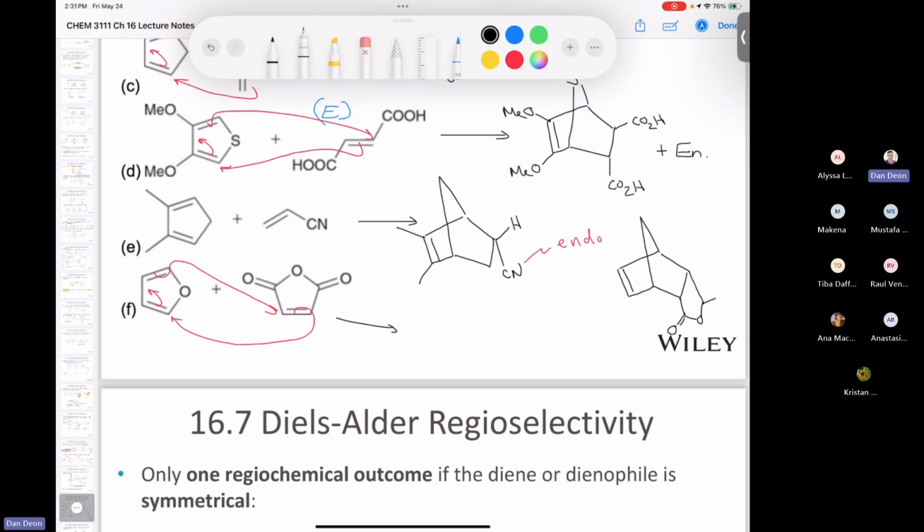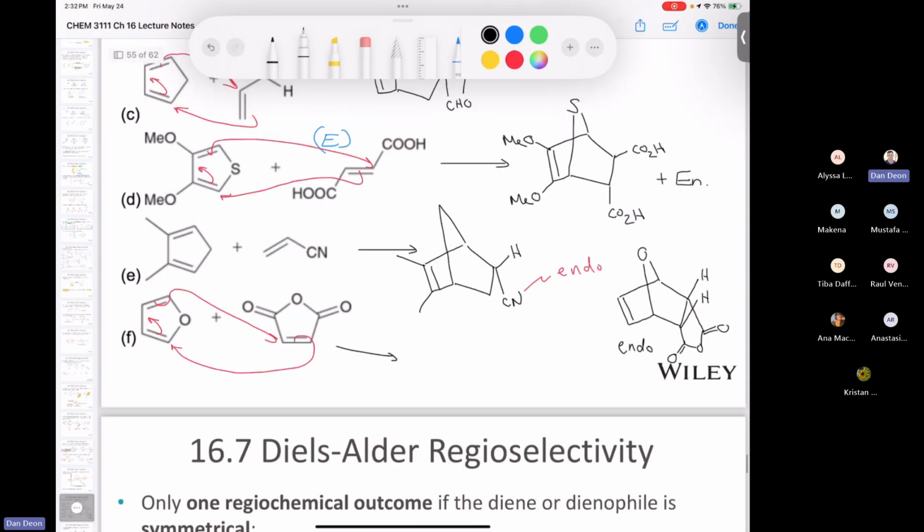Like this and like this. All right, like that. And so if you want to be sure that everybody knows that those bonds are pointing down, you could put in the protons in the exo position. Then, of course, I forgot my oxygen, so I'll put that up here. And there you go. So again, you end up with the endo product in this case.